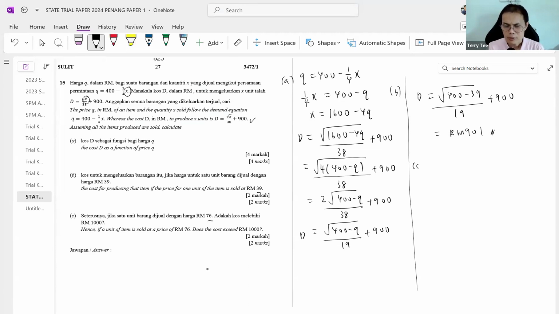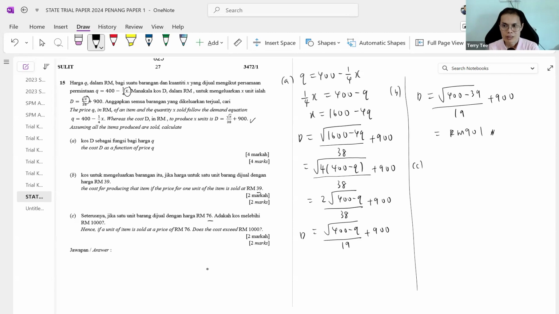Now, a bit like an overlap with B here. They say if one unit is sold at 76, previously sold at 39, now you sold at 76. They ask whether the cost will exceed 1000. Actually, we can tell from our equation. You see, if you increase the price, the cost actually will drop, right?